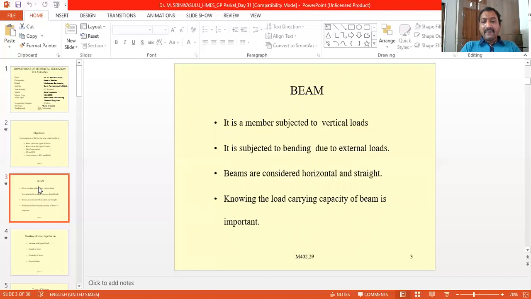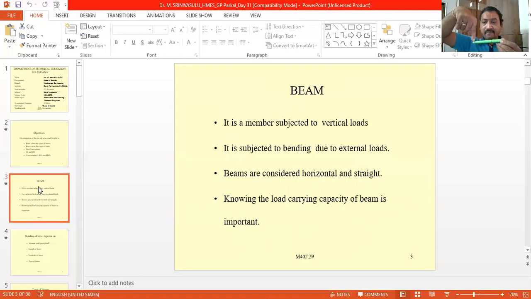So a beam can be defined as a member which is subjected to vertical loads. Generally the beam is in the horizontal condition like this. It is supported by two or more supports, or in some cases a single support, and it is laid horizontally and subjected to some vertical loading like this.